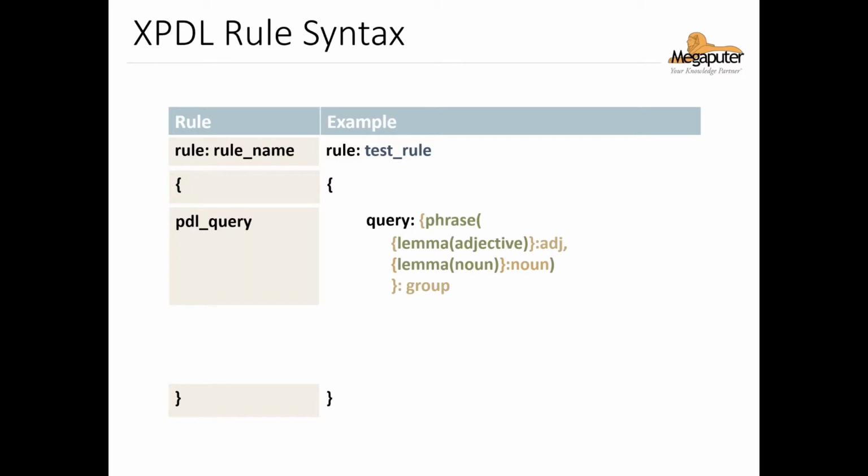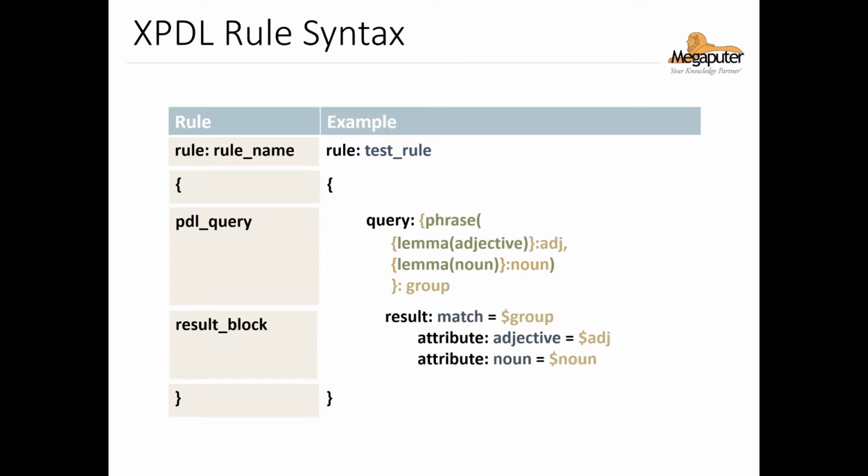The next thing we want to do is provide a result block. A result block is going to be designated by result colon, and then you give a name of whatever you'd like to return. So if I'm extracting this as a new column, that new column will be called match. The contents will be whatever is matching my named group. So you see here I actually reference the named group.